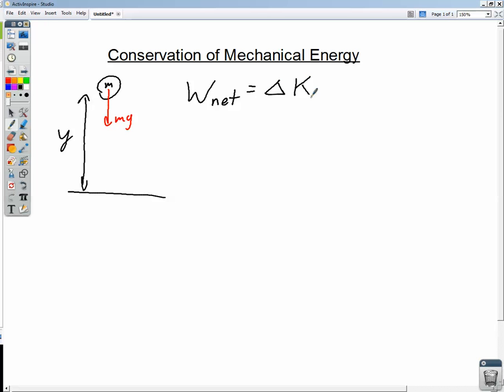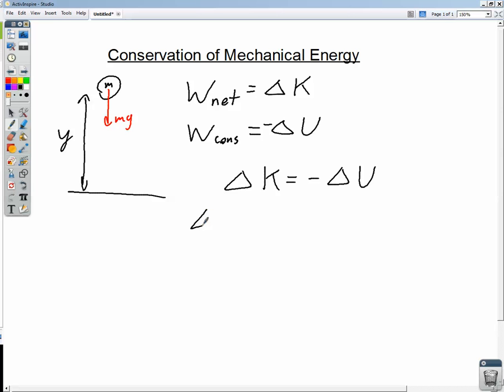Well, since gravity is the only force acting, and that is a conservative force, then we know that the work done by conservative forces is equal to the change in the gravitational potential, and that's the opposite. So here we've got the change in K is going to equal the opposite of the change in U, since the work done by all of the forces acting in here are conservative forces.